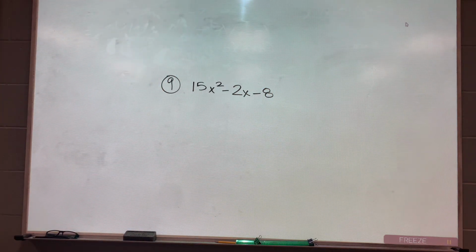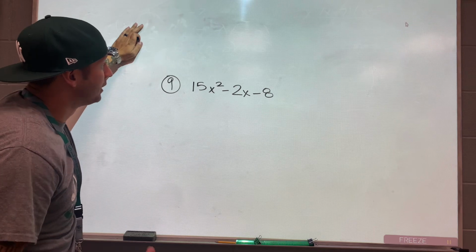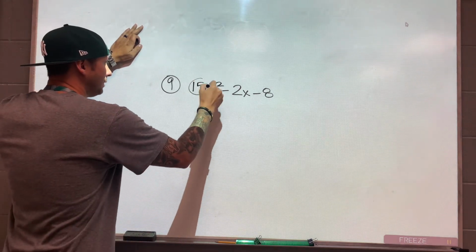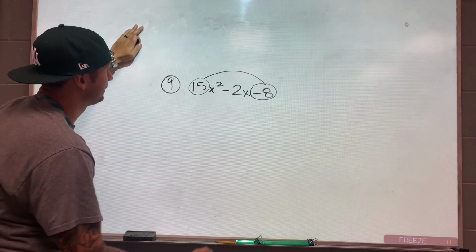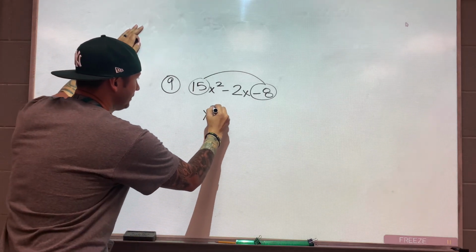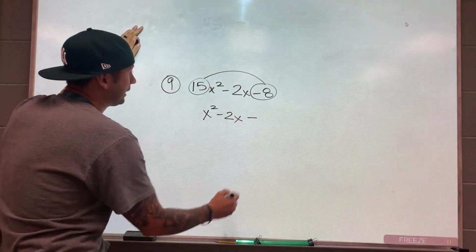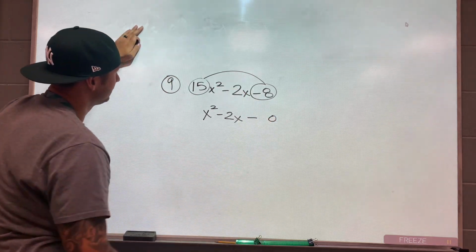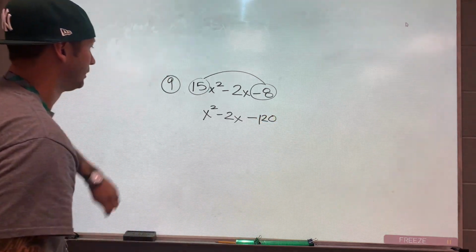Okay, so we're just factoring it, we're not solving it. Slide and divide method. Multiply these two numbers together. So x squared minus 2x. 8 times 5 is 40. Carry the 4. 8, 9, 10, 11, 12. Okay.